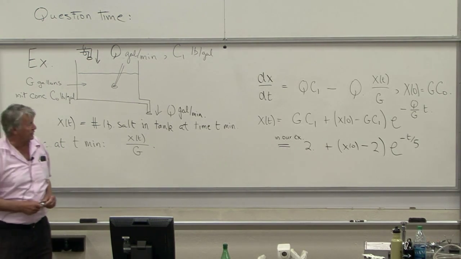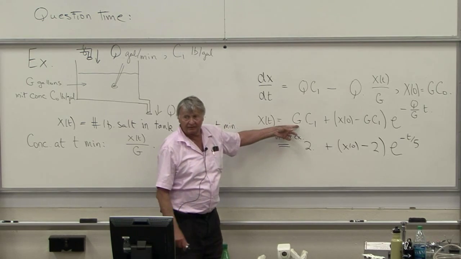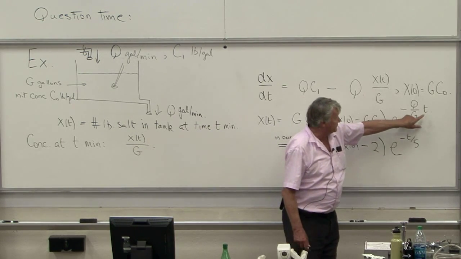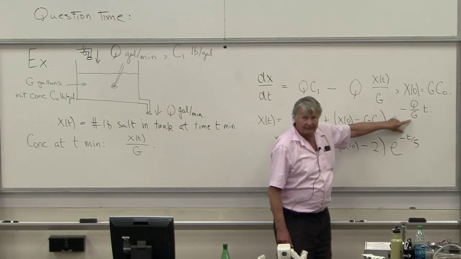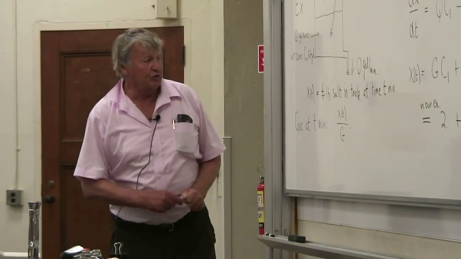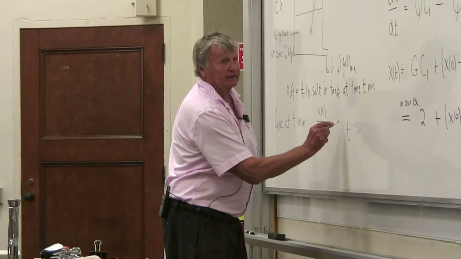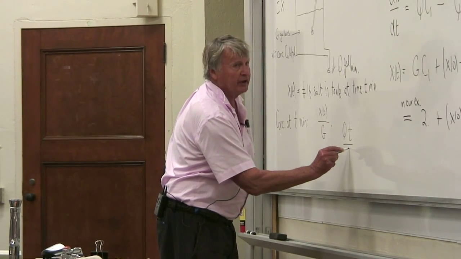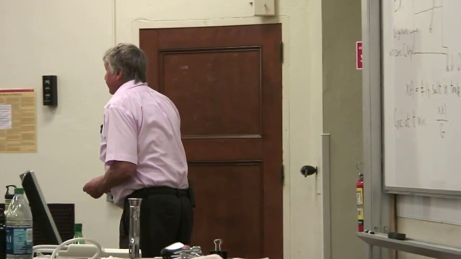You want to allow the thing to go from its initial state to its final state. So you have to allow enough time so that e to the minus that guy becomes small. So you need to have a range of time such that q times t over g is very large. When we say numbers are very large or very small, it's always with respect to what?